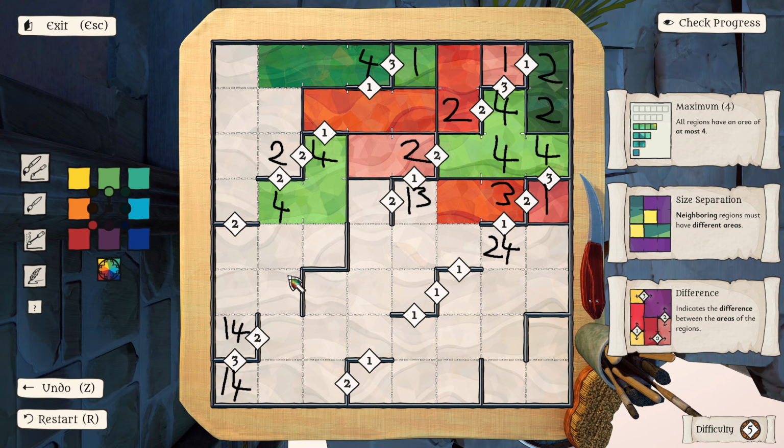Where do we go next? Okay, this can't be a 3, unless it takes this. It can't be a different 3.